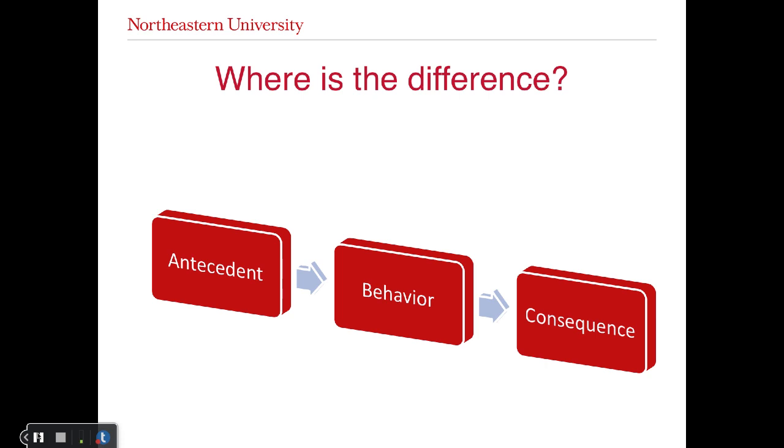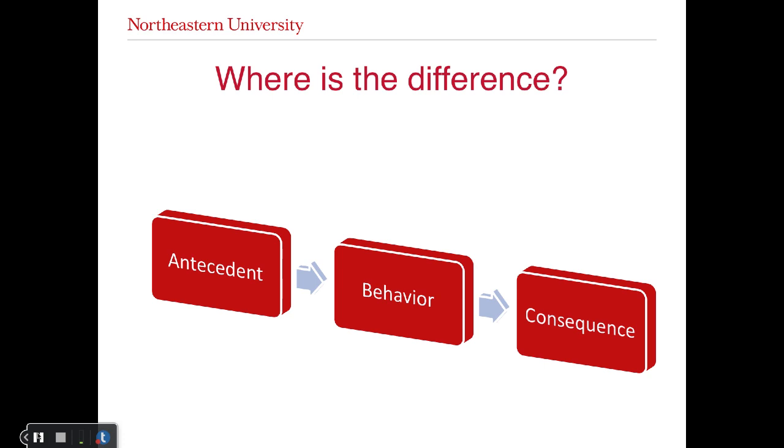Are we talking about antecedent interventions? Are we talking about interventions based on consequences? Where is the difference? How is it different than a standard analysis of some type of behavior, or what people may consider a traditional analysis? And what is different about that consequence or antecedent variable?